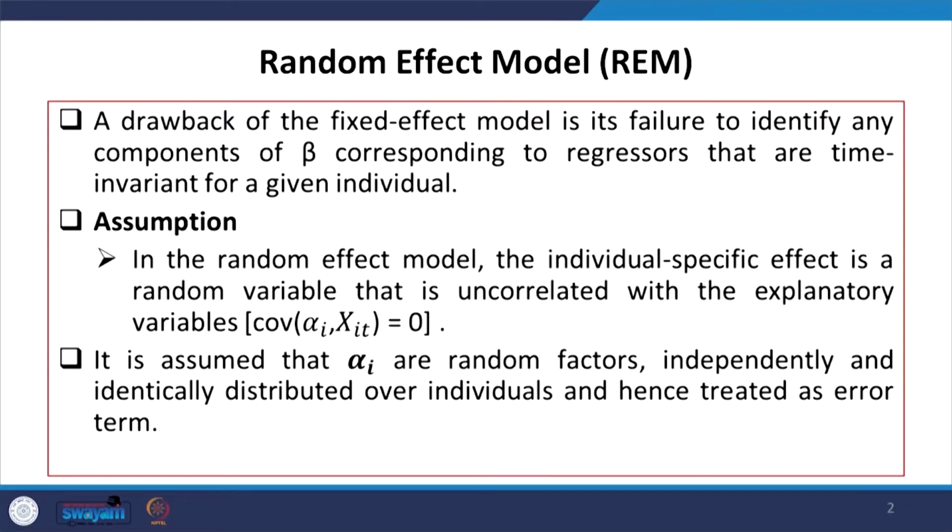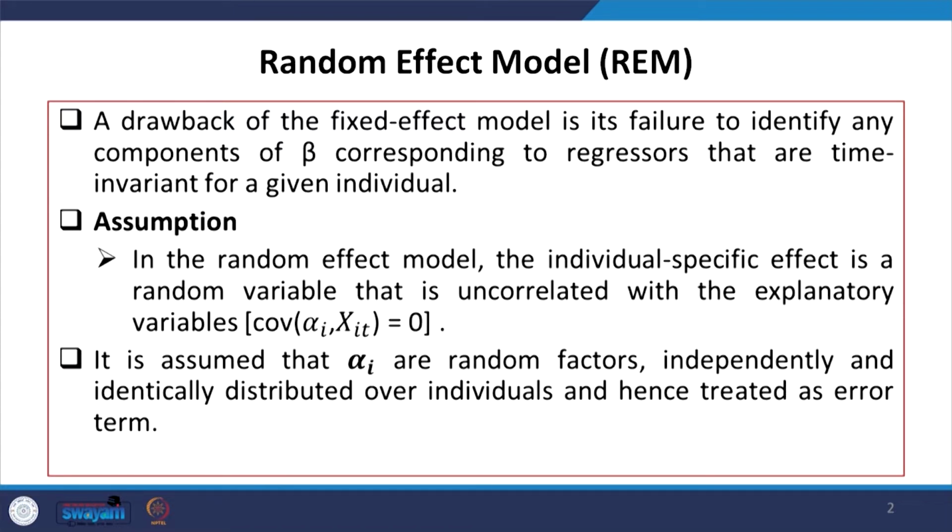So, there are some assumptions of the random effect model. The assumption here is that the individual specific effect is a random variable that is uncorrelated with the explanatory variables. Hence, the covariance between alpha i and X it, the explanatory variables, is equal to 0.